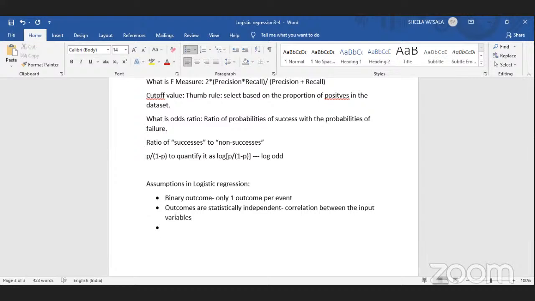To assume that any feature or any variable that is added to the model should have influence on the targeted variable. Okay, selected predictors should influence the predicted class.